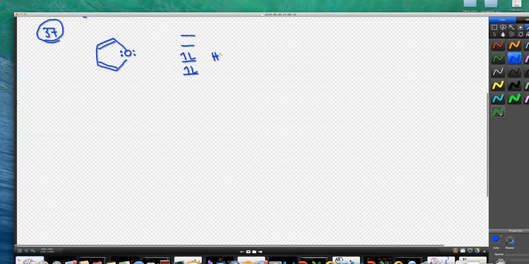So the HOMO is the highest occupied molecular orbital that has one node. And the LUMO is the lowest unoccupied molecular orbital. That has two nodes.